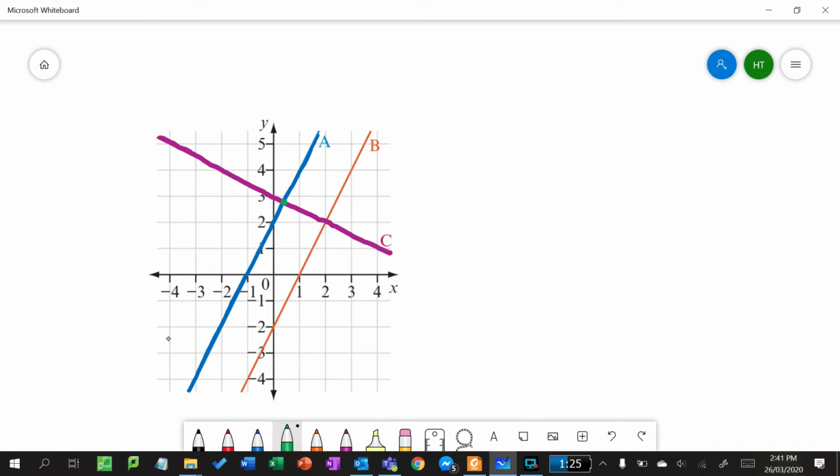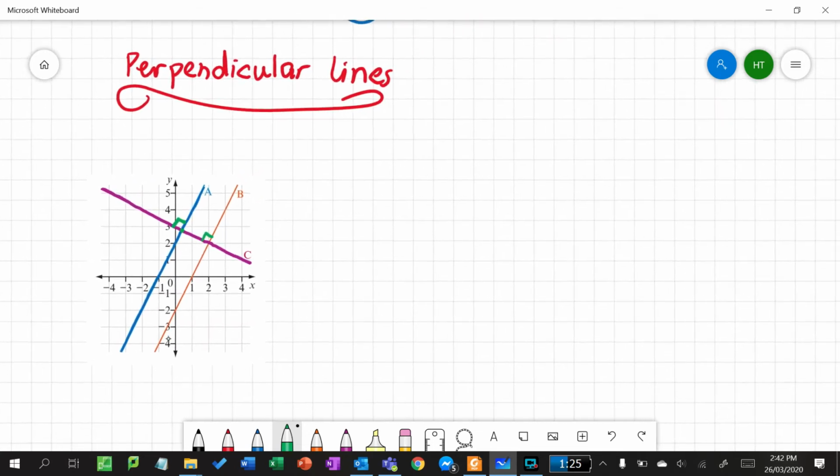We can see roughly that they cross each other at 90 degrees. And since line A and line B are parallel, that means that if line C crosses line A at 90 degrees, then line B and C will also cross at 90 degrees. So perpendicular means to meet at 90 degrees.